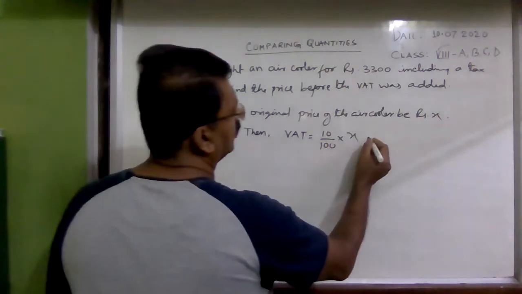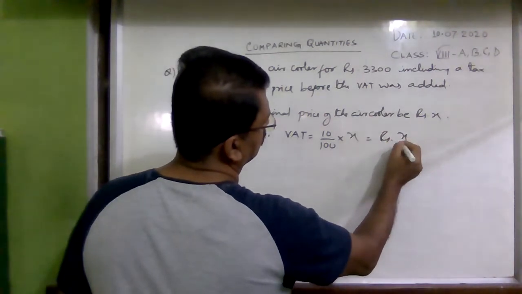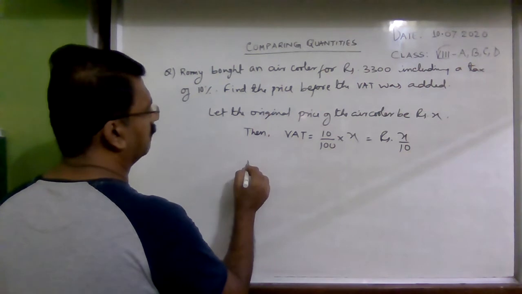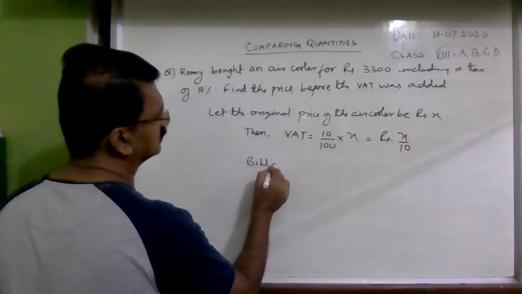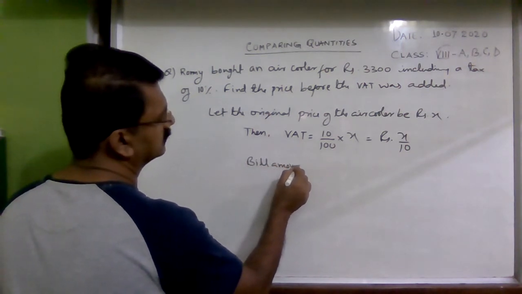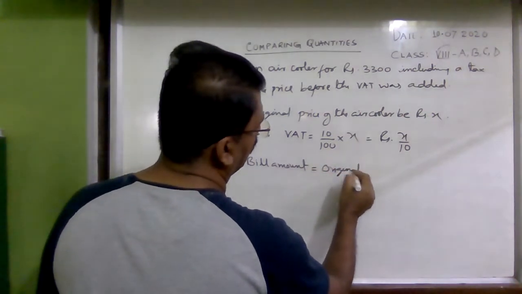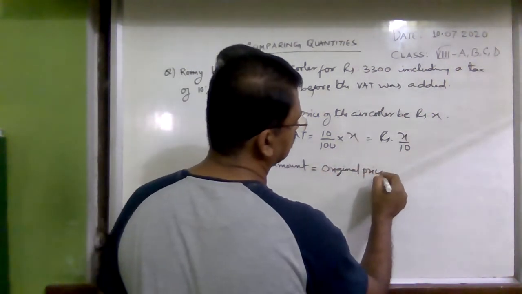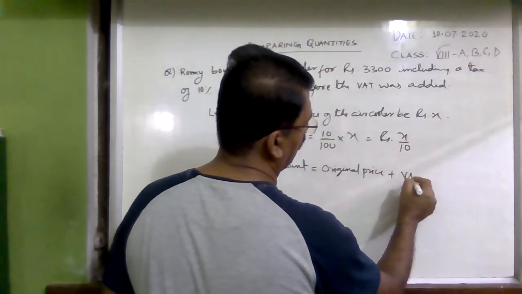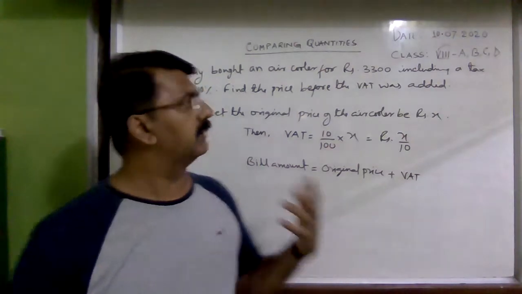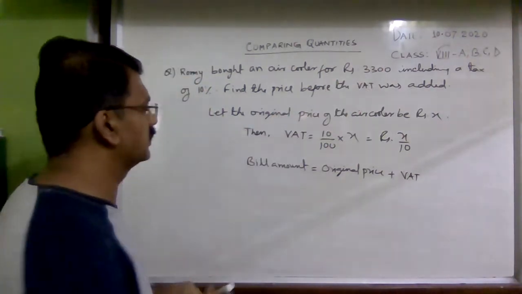So it is rupees X by 10. Now the bill amount is equal to original price plus VAT. The bill amount, that is the money paid by Ronnie, is 3300.